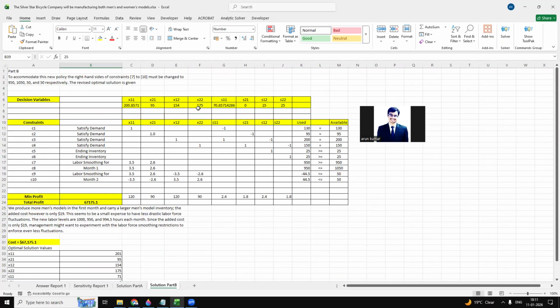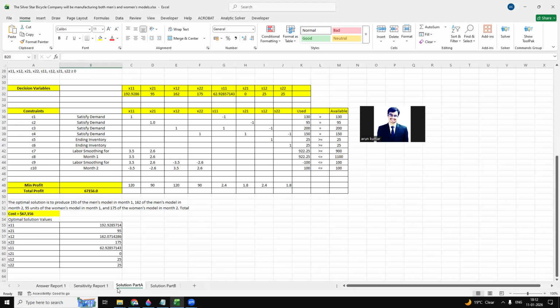Then this sheet is again the solver setup, and the solution is provided using Solver. The final answer is 67,175.10. This is our final cost, and these are all our optimal solution values. So this is the solution for this question.